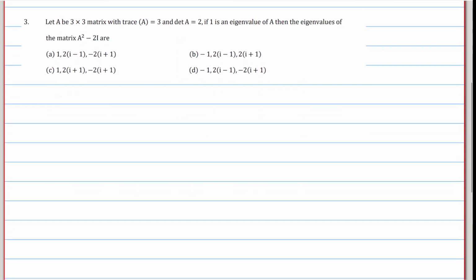So they're saying that A is a 3 by 3 matrix with trace A equal to 3 and determinant A equal to 2. So a 3 by 3 matrix means it has got 3 eigenvalues. Call them lambda 1, lambda 2, lambda 3.